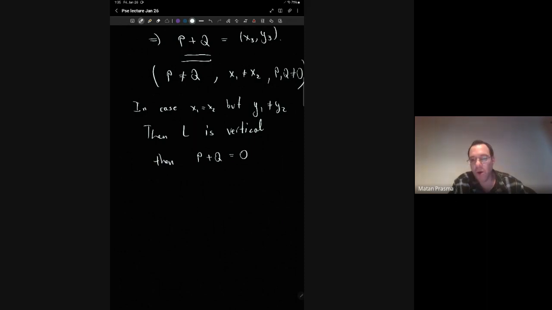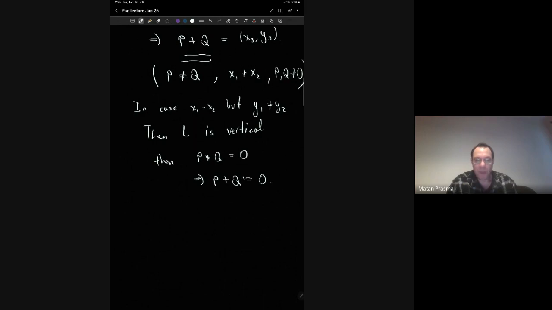But reflecting O is just O again. So if you want it by steps, you could say that the star is O, and hence P plus Q is defined also as O. The reflection of O is O.